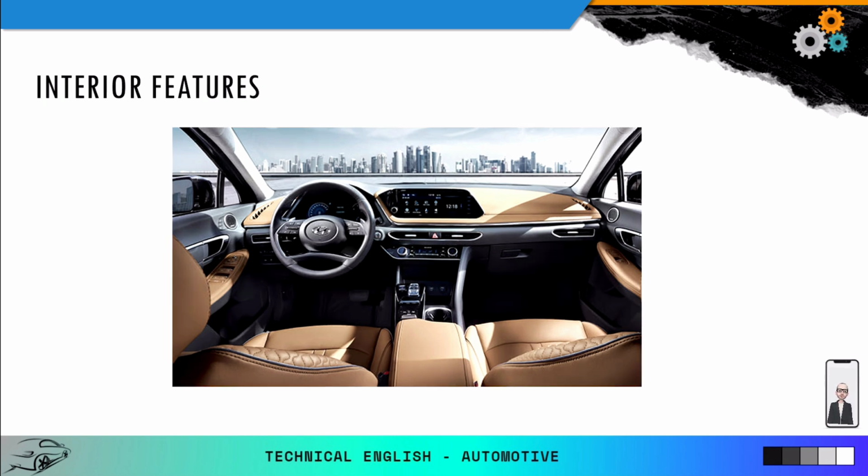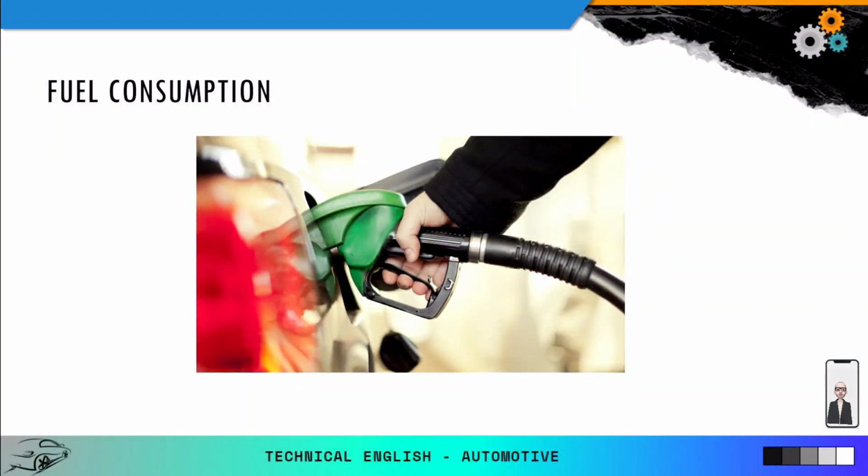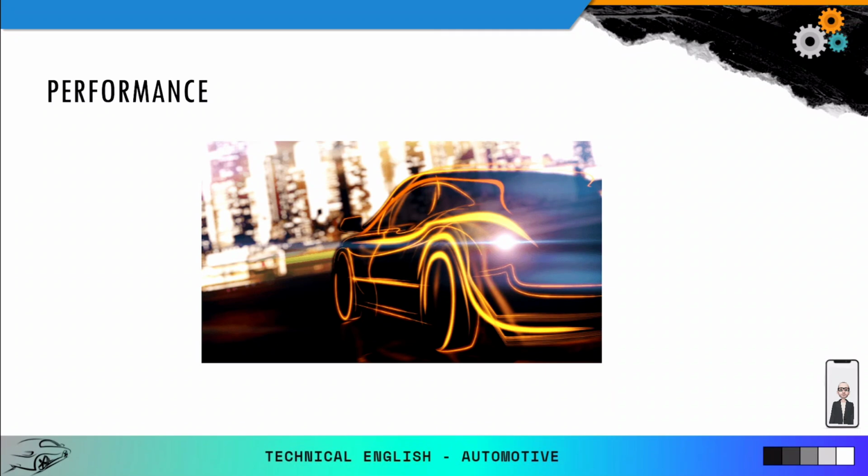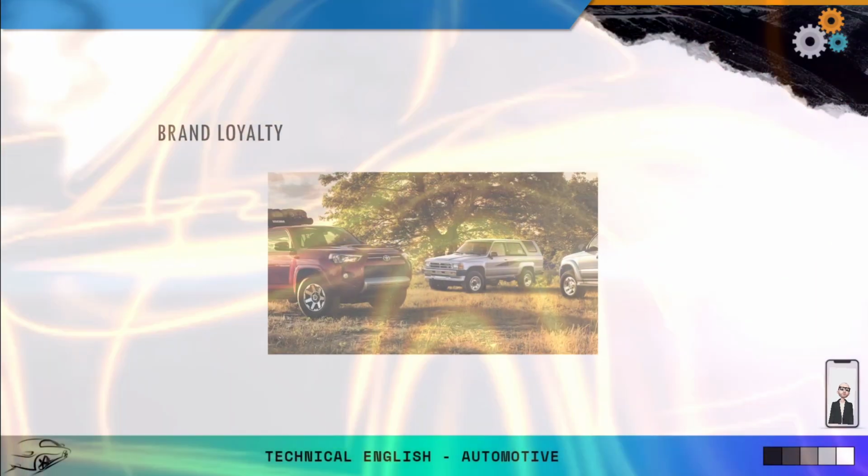A couple of examples. Fuel consumption means how much petrol or diesel or kilowatts the car consumes. Performance, how powerful, how strong the car is, what's the 0 to 60 acceleration or what the acceleration figure is.